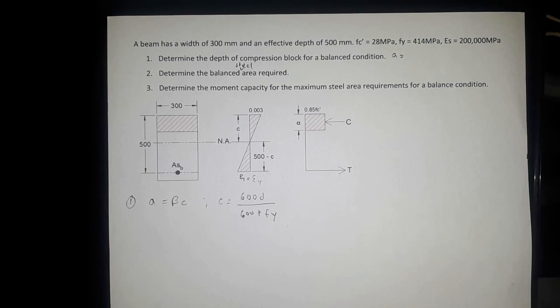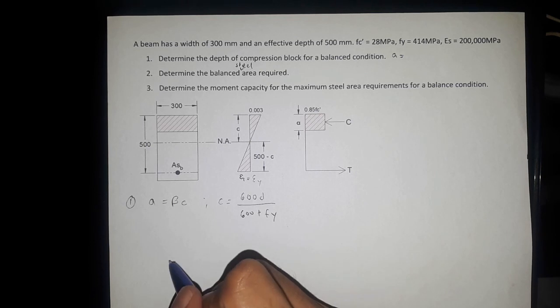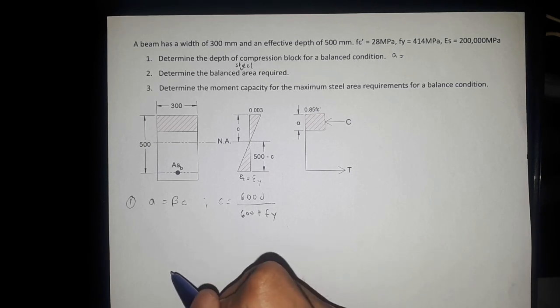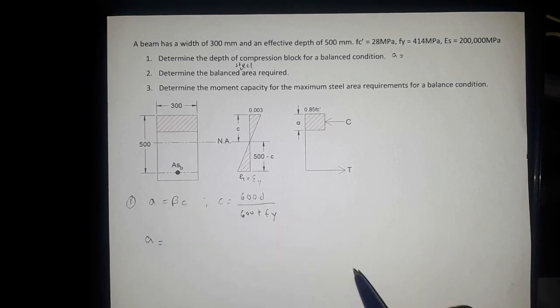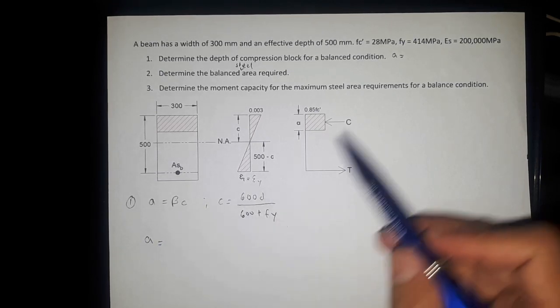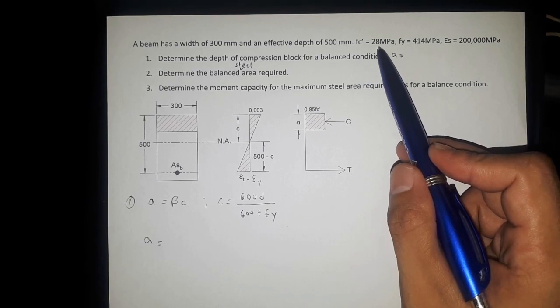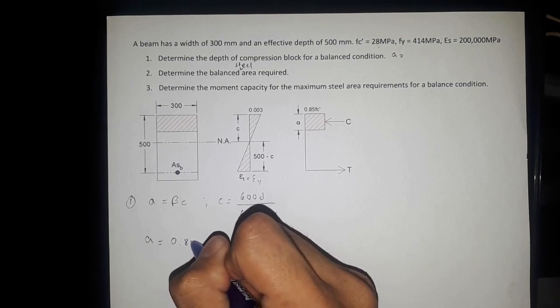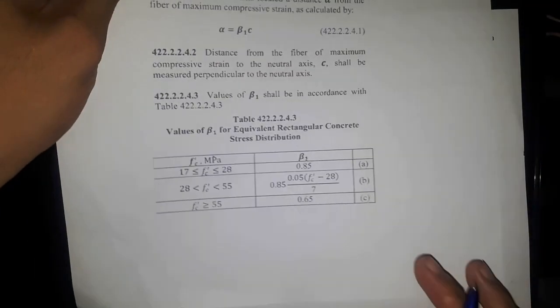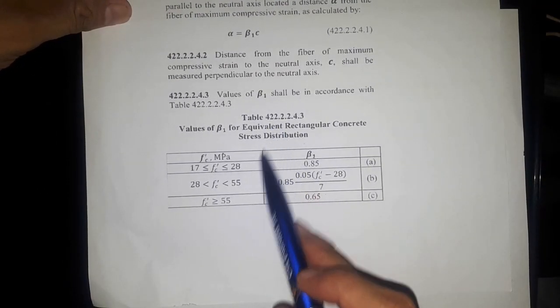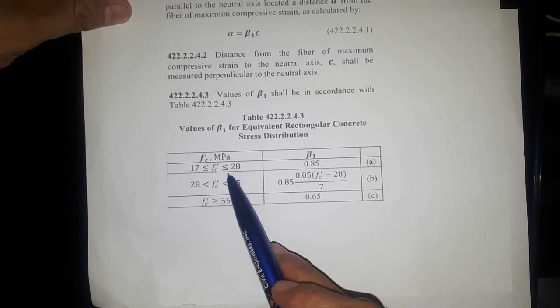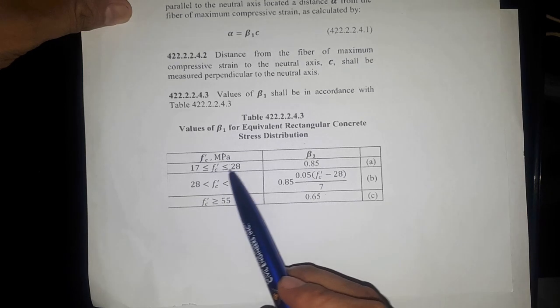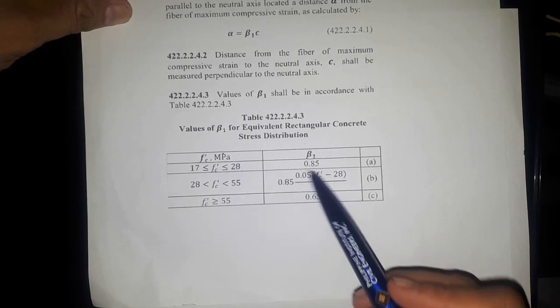So, we just substitute. A is equal to, what is the value of beta? Since our fc prime is 28, we will use a beta factor of 0.85. That comes from this table: if fc prime is less than or equal to 28 MPa, the beta factor is 0.85.